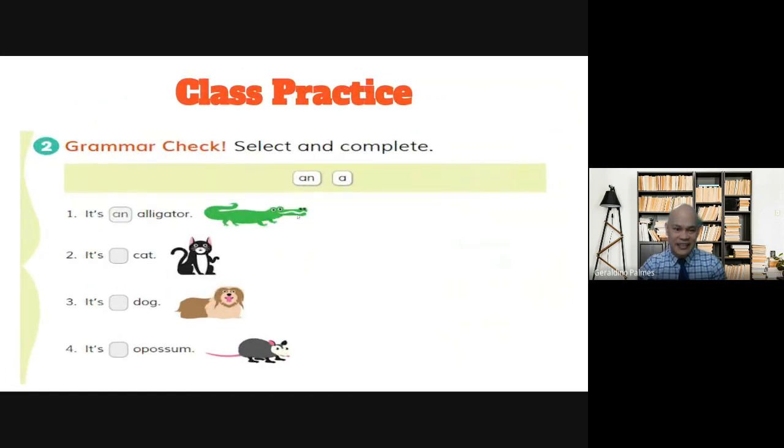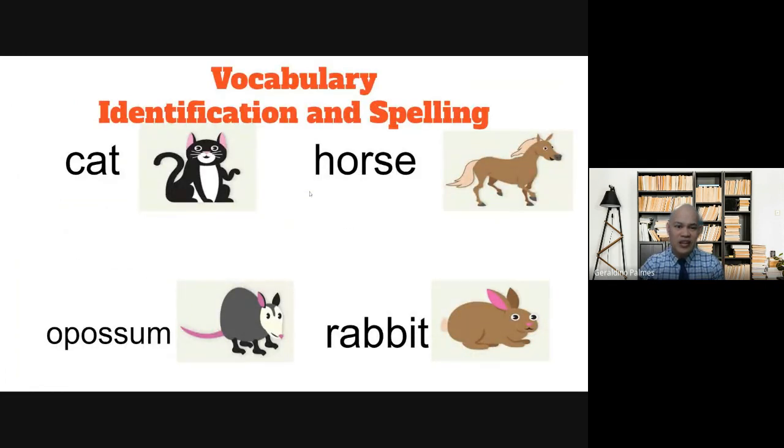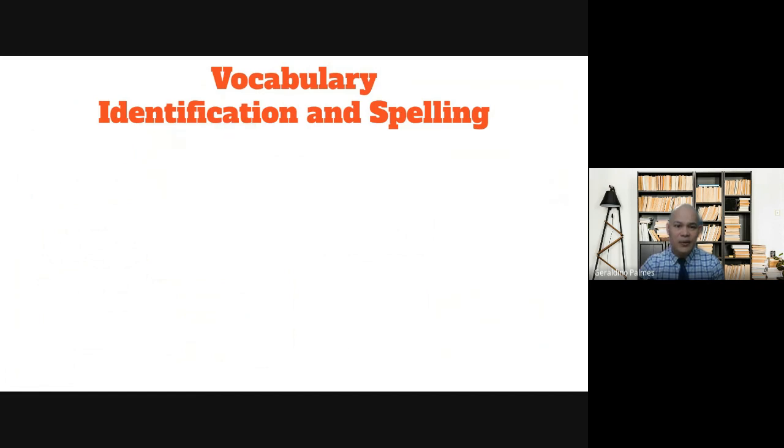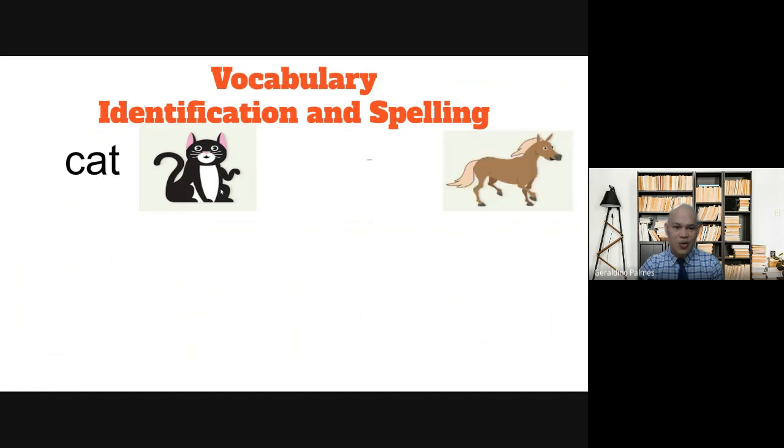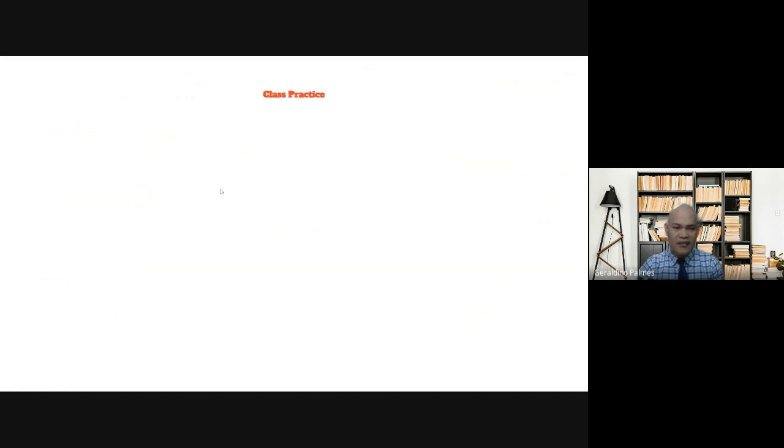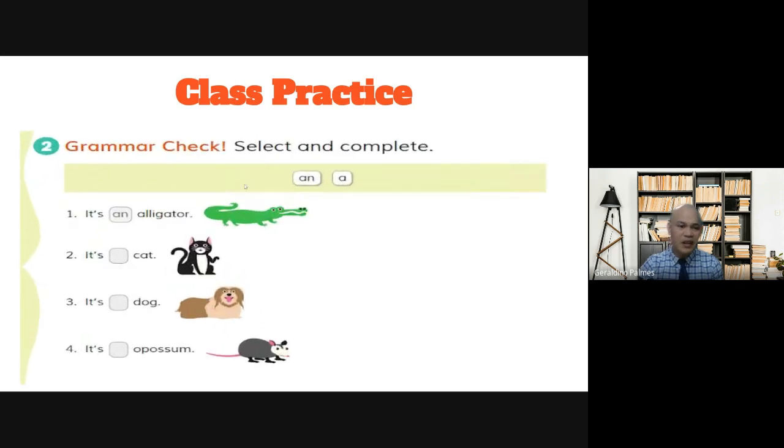Now let's look at here. We will practice our activity. How do we use the grammar part? Remember, the usage of the article a or an. Vowels, consonants. Now let's go back to our class practice. Here you can see grammar check, select and complete. Number 1, what is it?